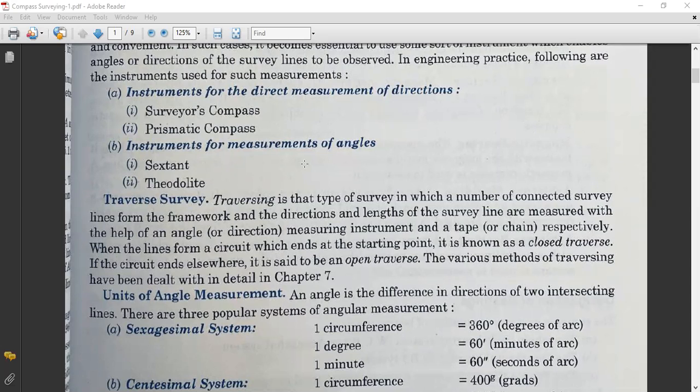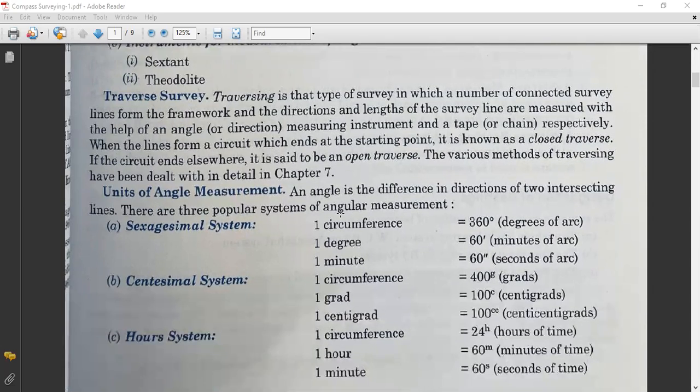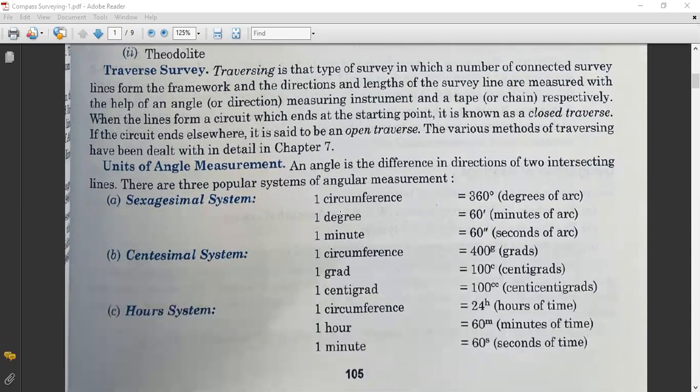What are the units we use for the measurement of angles? Units of angle measurement. We have different types of systems to measure the directions or the angles. The first system we all are familiar with is the sexagesimal system, where one circumference, that is one full circle, is 360 degrees.